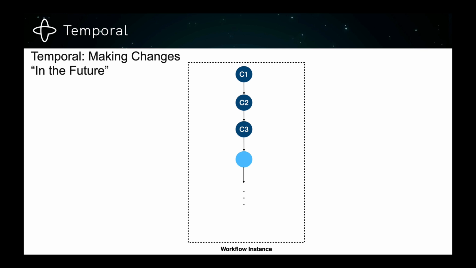And the light blue circles mean code that hasn't executed yet. So, we can say, fine, why do we even care about versioning? We can just go ahead and introduce a change to our workflow in parts of the code that haven't executed yet, and we should be fine.